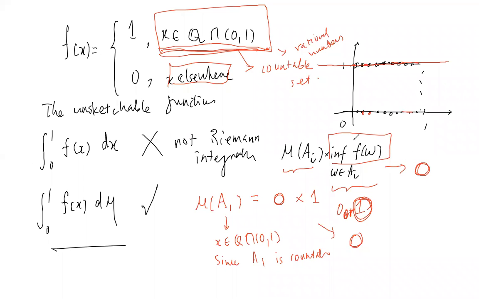This set, it doesn't matter whether they are countable or uncountable. 0 multiplied by anything here, they are definitely not going to go to infinity, so 0 multiplied by 0 or some constant will give you 0. Either case, you will have 0 measure. And therefore, the answer for this Lebesgue integral is 0.